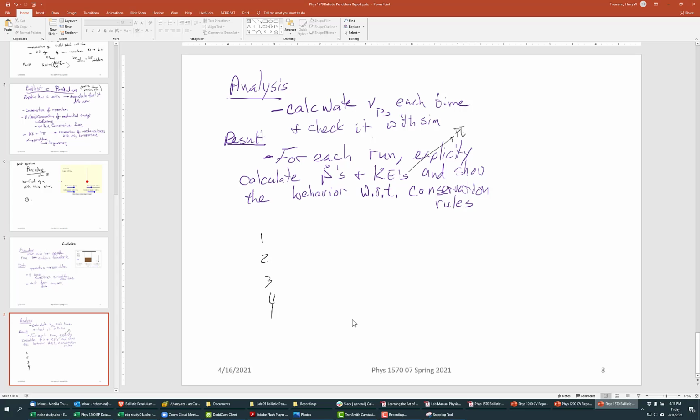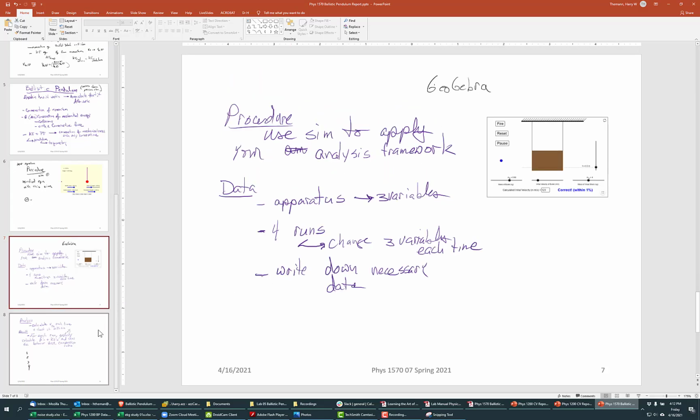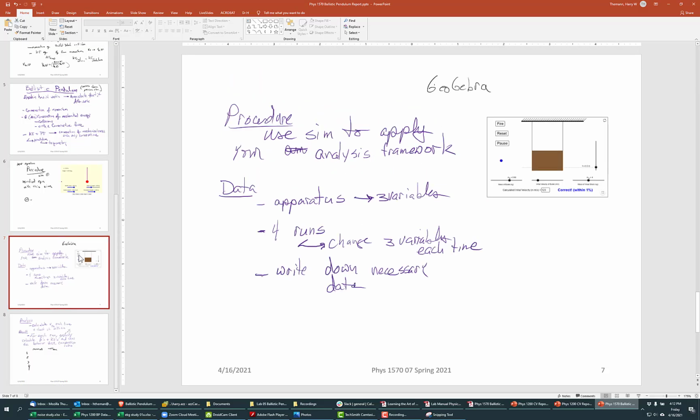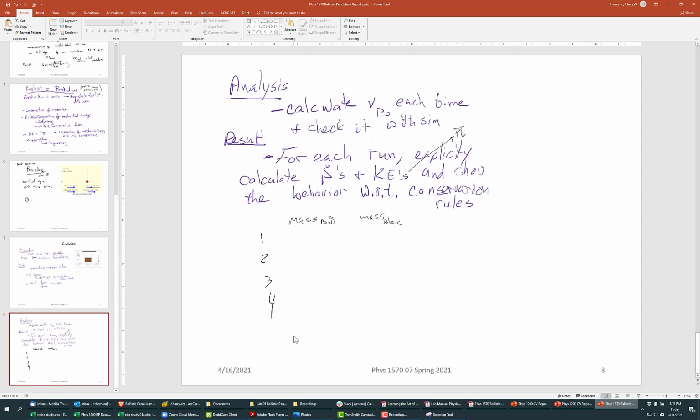Right, and then there's three parameters, I suppose. Of course, mass of the bullet, mass of the block. Now we don't know the speed of the bullet. And that's something we changed, the initial speed is unknown.